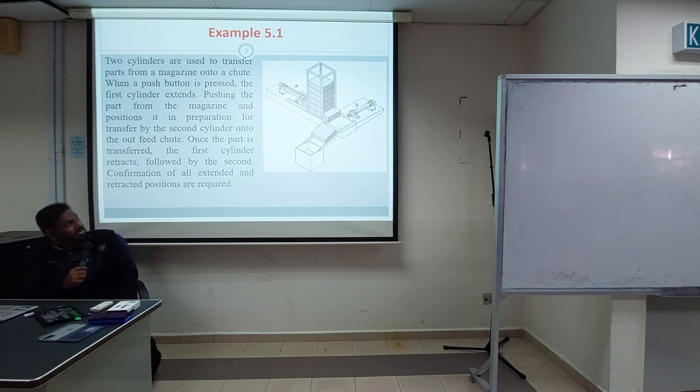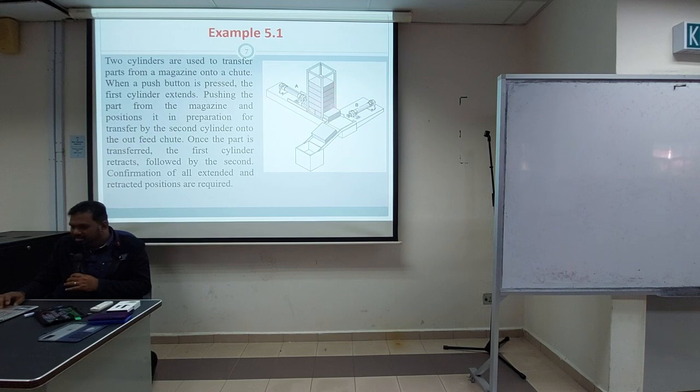Okay, so like this. You see there is a loading bay, and based on gravity there are 2 cylinders. So what will it do? What will move first? A moves first, so A plus, and it pushes the workpiece.